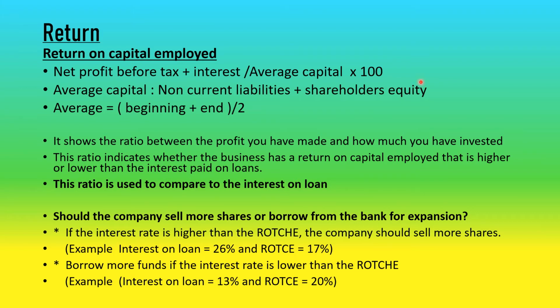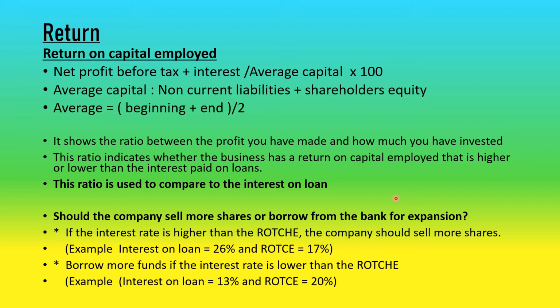This is a very, very important ratio. Like I said, if you have a question to answer about buying shares or issuing shares or getting a new loan, this is one of the most important ratios to use because it really shows you the profit you have made and how much you've invested in your business.